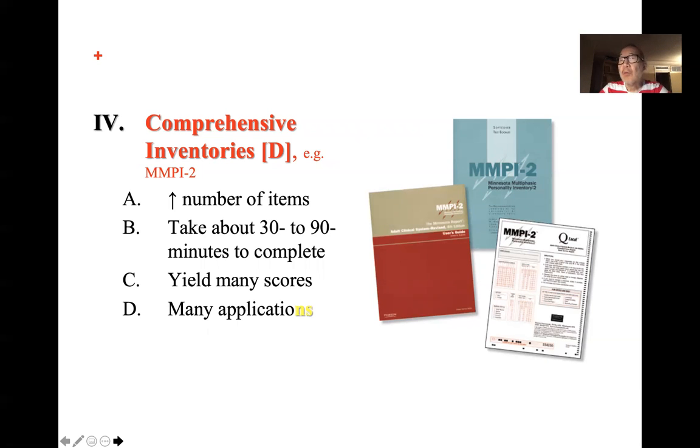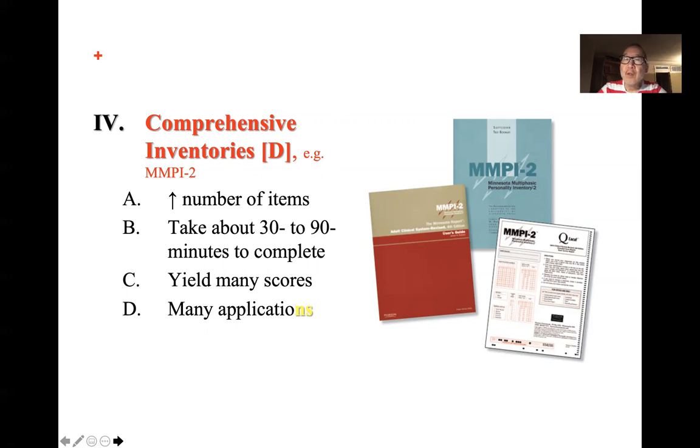So in order to do this thorough accounting of the variables I just mentioned, it usually involves at least a couple to a few hundred items, asking about various things from the individual.